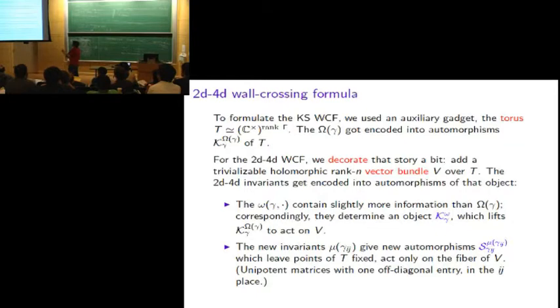The unipotent matrices, just with one off-diagonal entry in the ij place, roughly speaking. They're just upper triangular matrices. So they're in SL, or in fact, let me just say GL. I'm not going to worry about that.